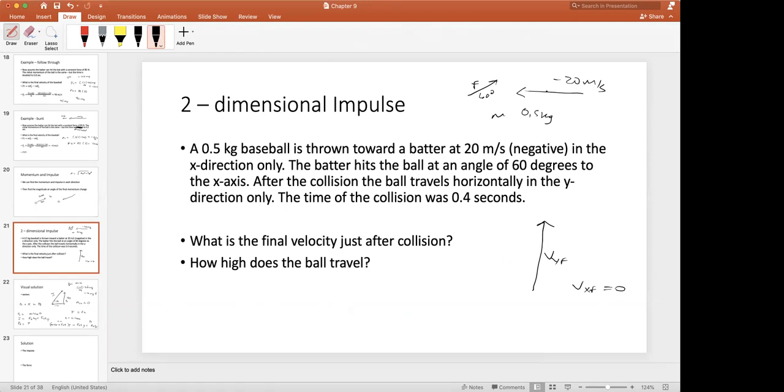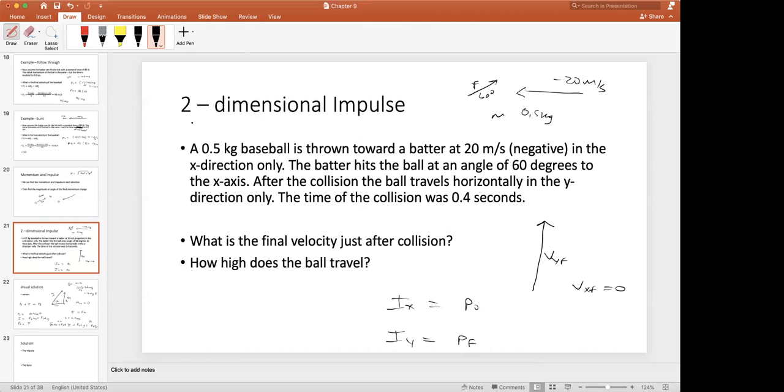So the force times time, the impulse in the x had to equal the positive, or the opposite, of the initial momentum. The impulse in the y had to equal p final. I hope that makes sense to you, and we'll see that mathematically right now.